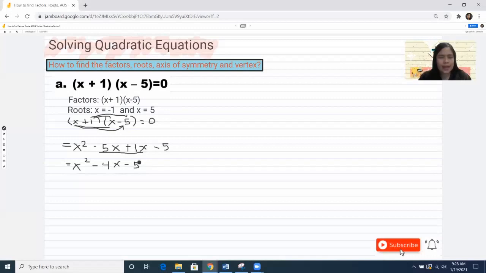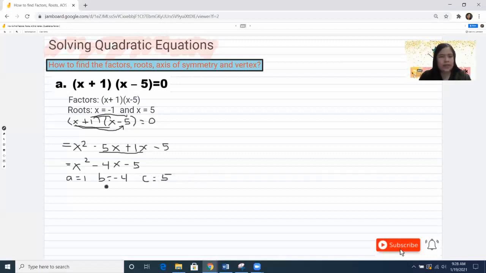Very easy and simple. So we have now a standard form, so let's write the values. For a, the non-numerical coefficient of the quadratic term, that means it is 1. For b it is -4. And then for c, it is -5. These are under quadratic review.